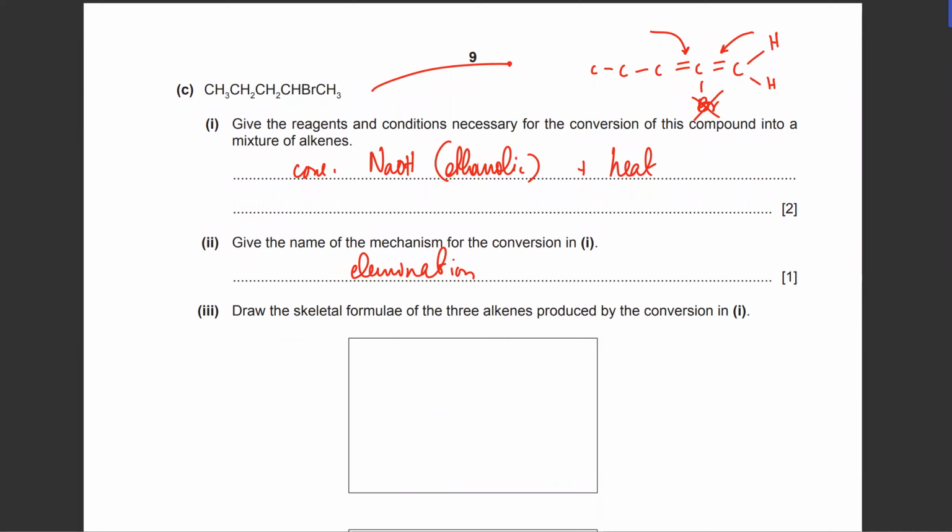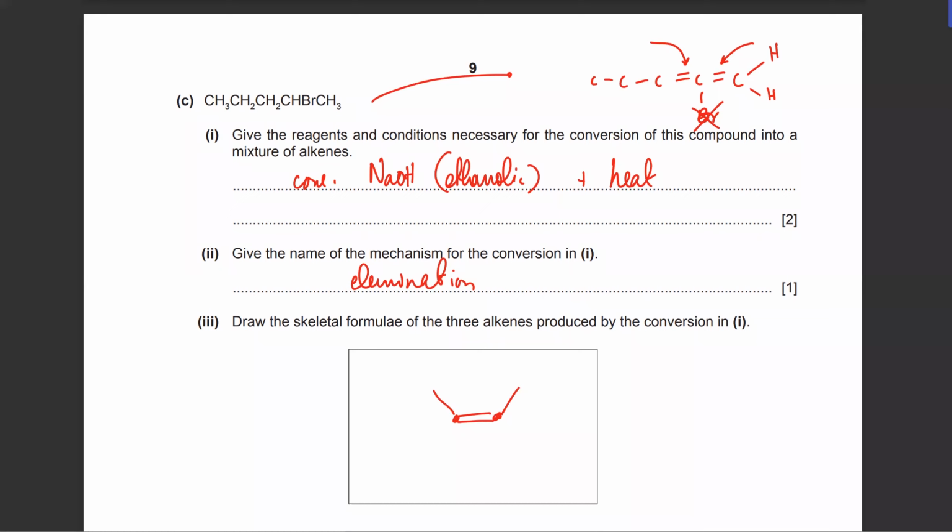And he's asking for the skeletal formula. It's going to be a double bond. Okay, that's one carbon atom and two carbon atoms. After that there's one carbon atom and then how many carbon atoms? 3. Actually, that's your cis version.